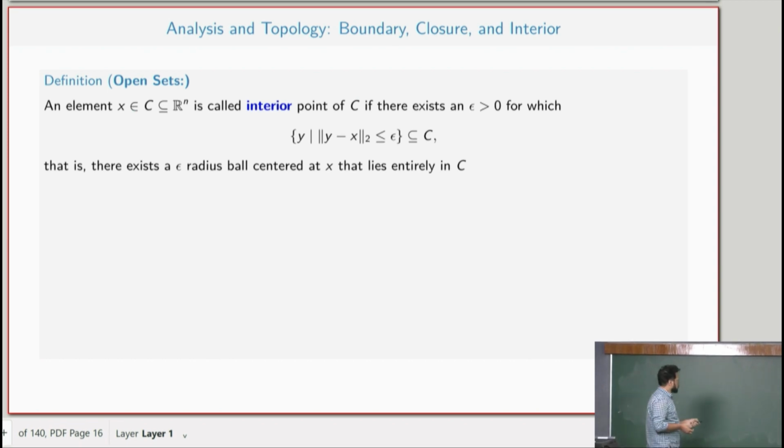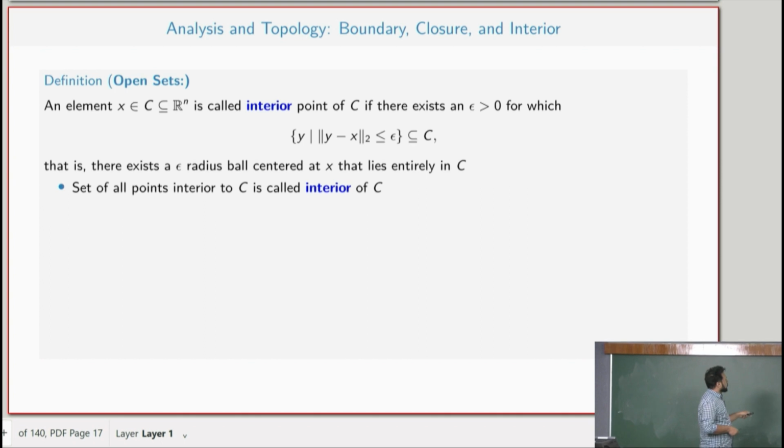The set of all points interior to C is called the interior of C. So if you can pick all the points of the set C for which you can always draw a ball, and this ball could be however small, you have the liberty to choose this epsilon. Epsilon is something you decide, however small, it doesn't matter.